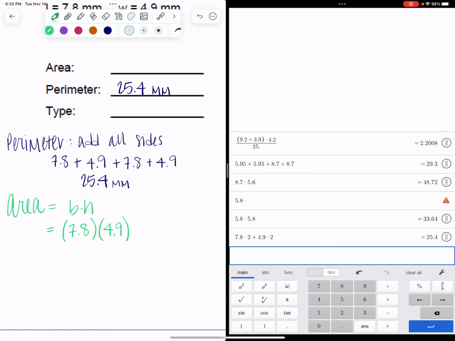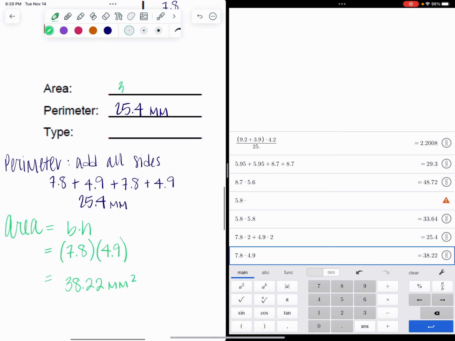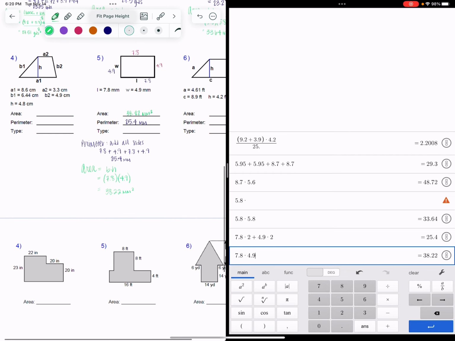So you go over to your handy dandy calculator and you type in 7.8 times 4.9. And you get an area of 38.22 millimeters squared. Don't forget your units.